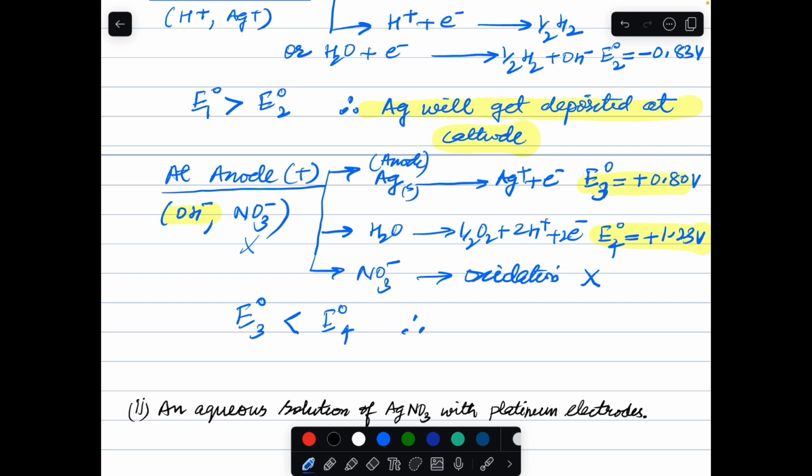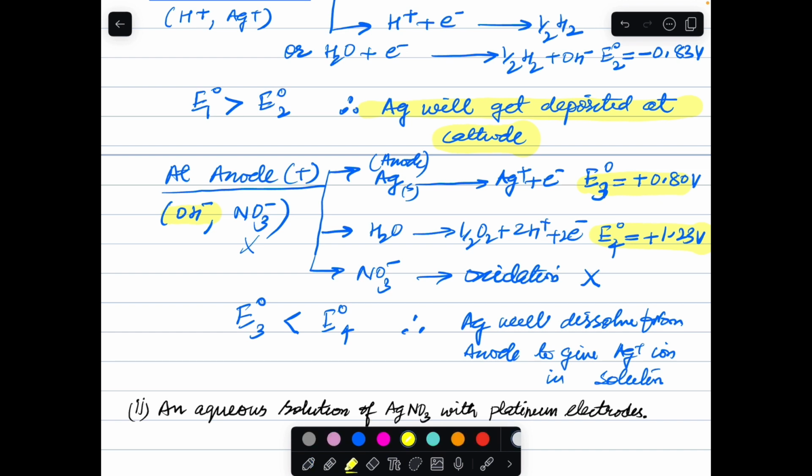Therefore, your silver will dissolve from anode to give Ag plus ion in solution. So this is the reaction at anode. At anode, we will be having this reaction because it has a lower value of electrode potential. Therefore, it has a higher tendency for oxidation.